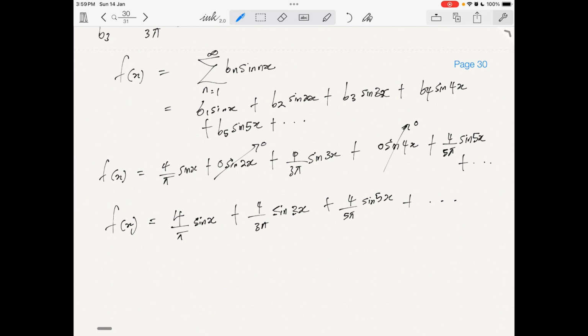Good. Now, we want to deduce that pi squared over 8 is equal to 1 plus 1 over 3 squared plus 1 over 5 squared plus 1 over 7 squared plus.